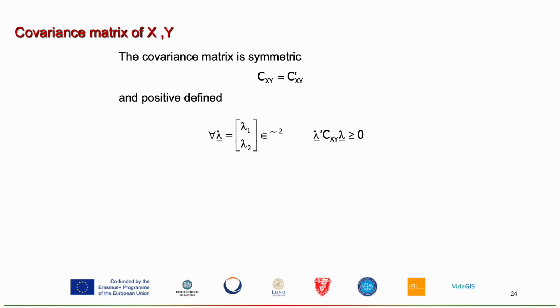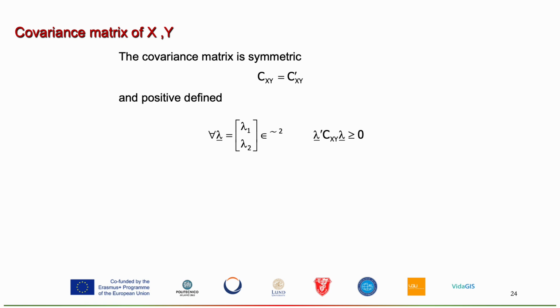The covariance matrix of x, y is clearly symmetric because sigma xy is equal to sigma yx. This is quite easy to prove, a little bit more difficult, but it is a fundamental property of covariance matrices. It is positive definite.